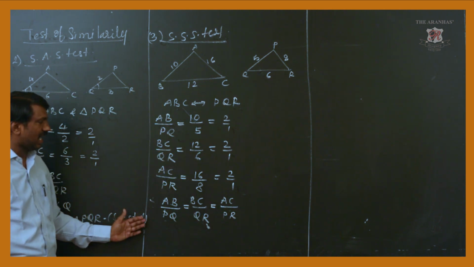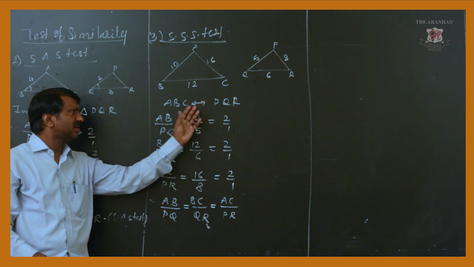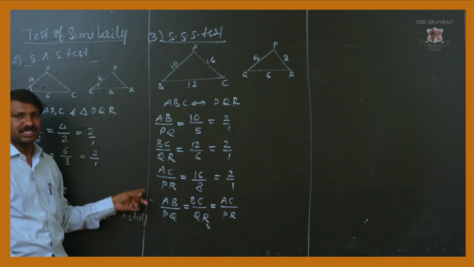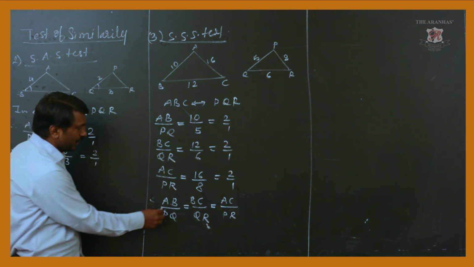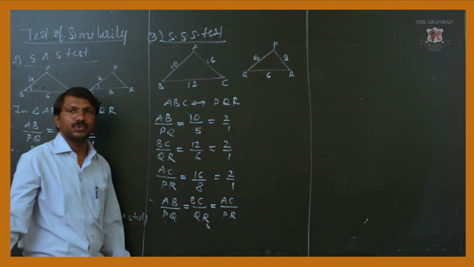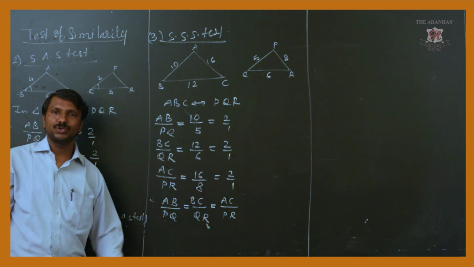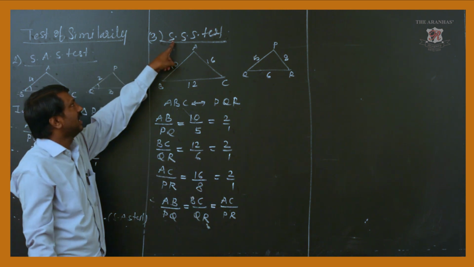All three corresponding sides have the value 2 upon 1, so they are equal to each other, which means the three side ratios are the same. So, let us see the test.